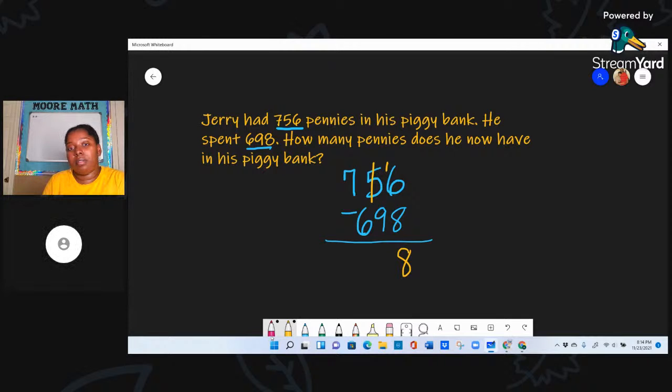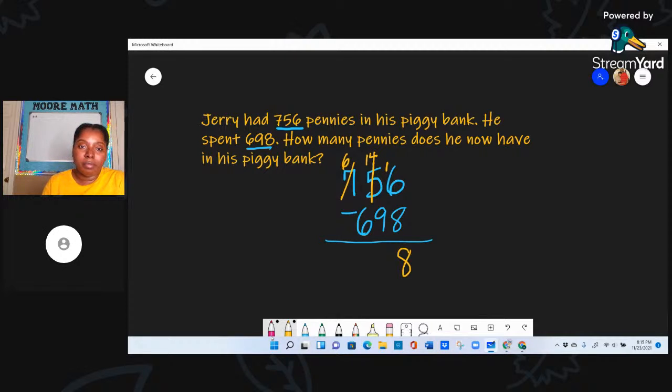And then I had to borrow from the 7 and give to the 5 and made the 7 a 6, and made the 5 a 150. Oh, wait, but we gave one to the 6. Yeah, so 140. It's good.